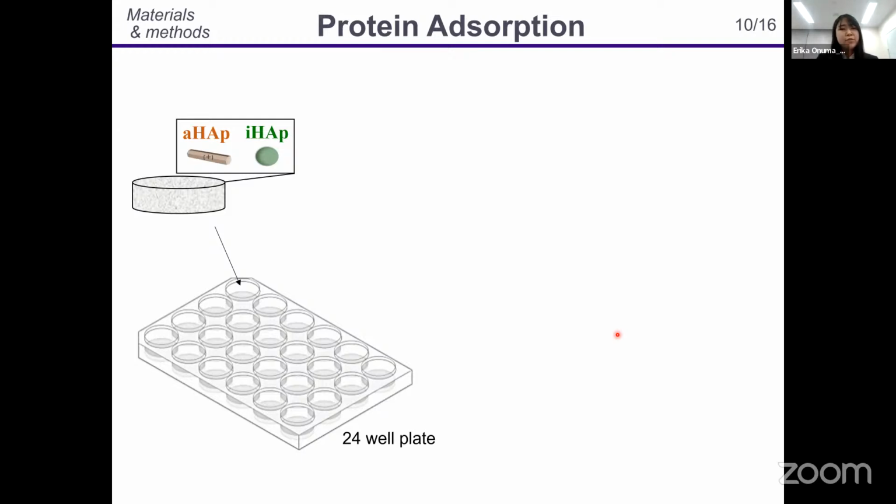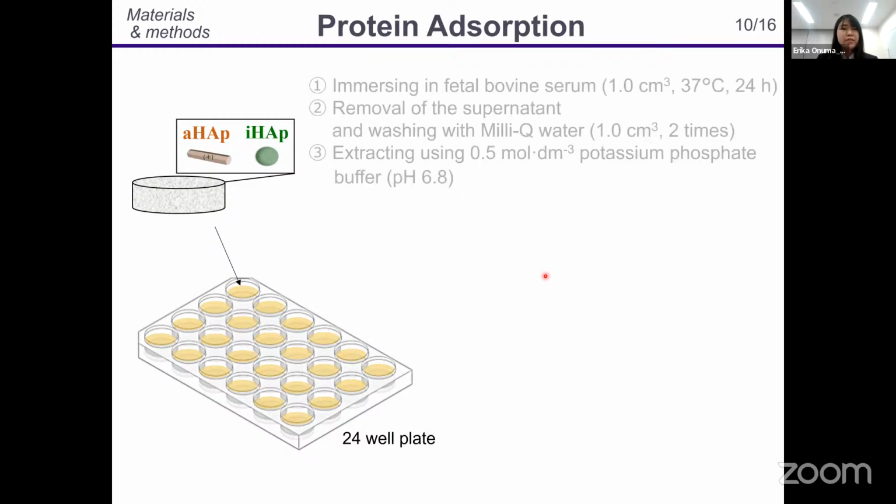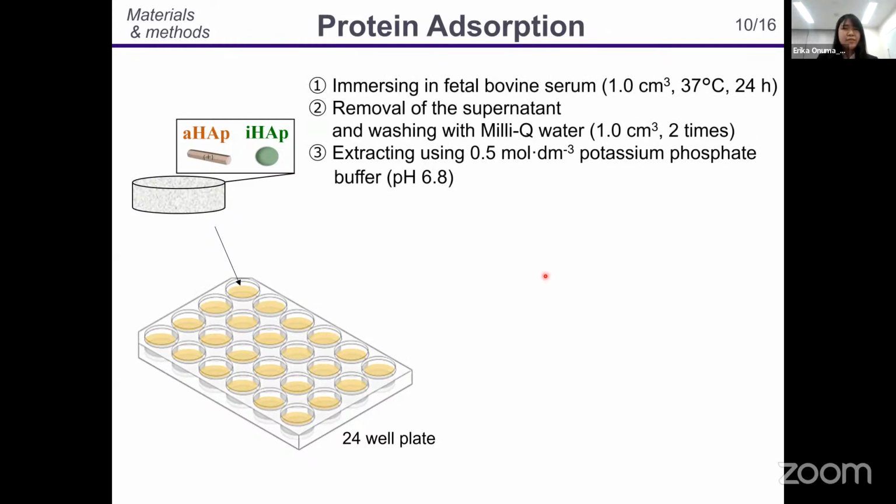Next, I will move on to the part of protein absorption on the two types of HAP ceramics. These HAP ceramics were immersed in fetal bovine serum to absorb proteins. After removal of the supernatant, the ceramic surfaces were washed with ultrapure water, and the absorbed proteins were extracted using potassium phosphate buffer.